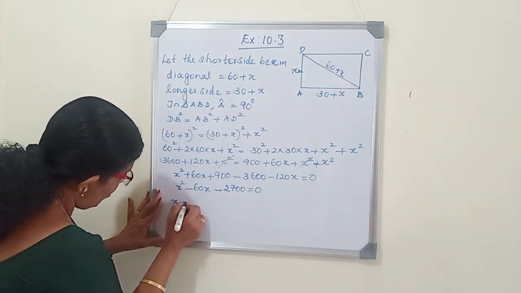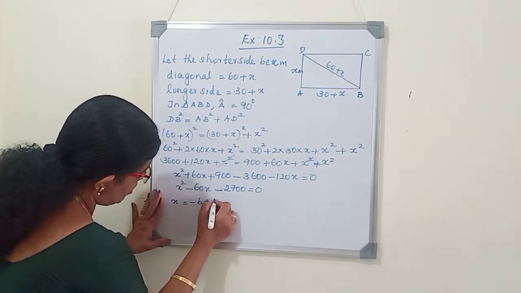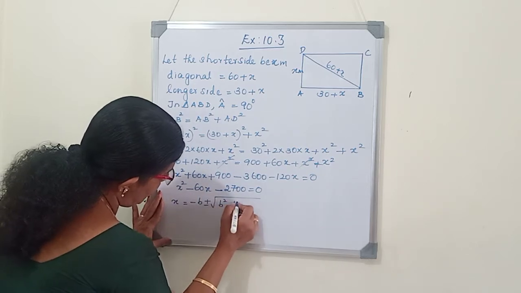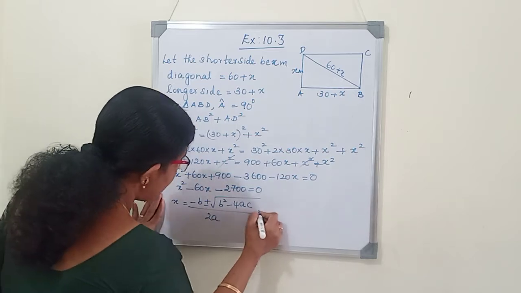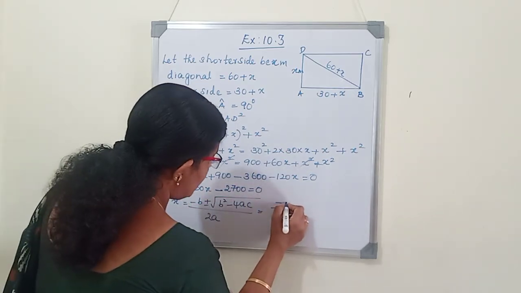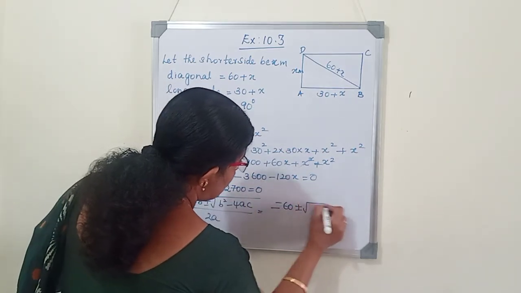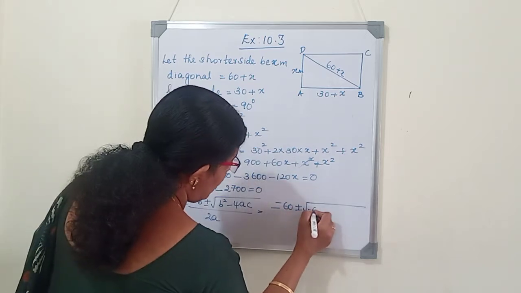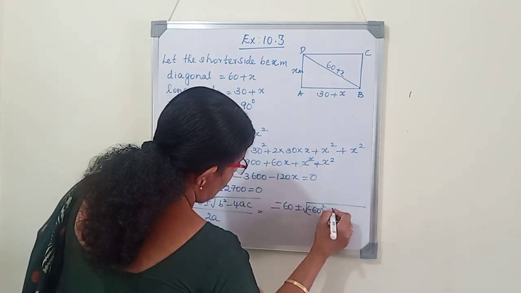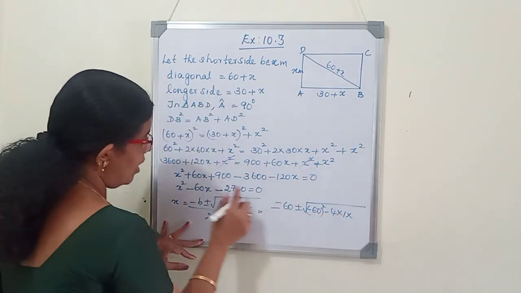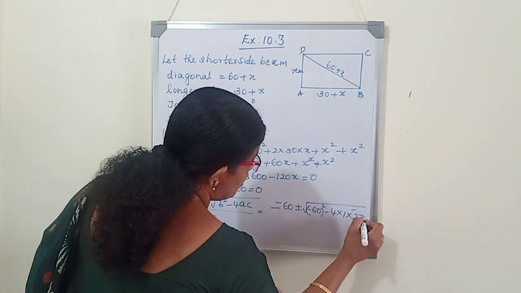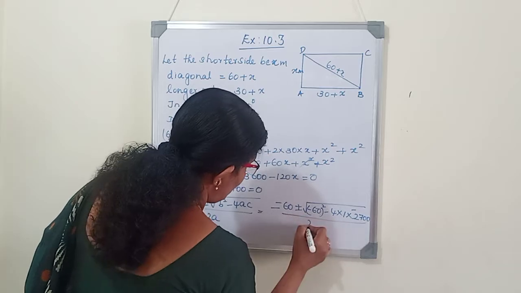Now we will use the formula x equals minus b plus or minus square root of b square minus 4ac by 2a, equals minus of minus 60 plus or minus square root of b square, minus 60 square, minus 4 into a is 1 and c is minus 2700, by 2 into 1.